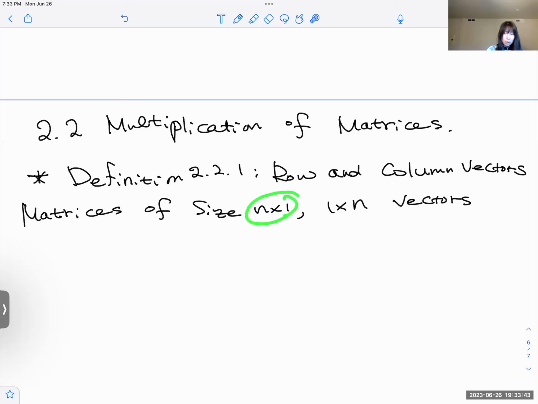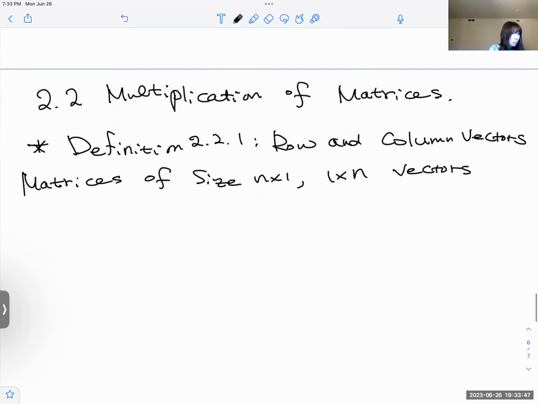Now, n by 1, we say the column vector. So uppercase X in this book indicates the column vector.